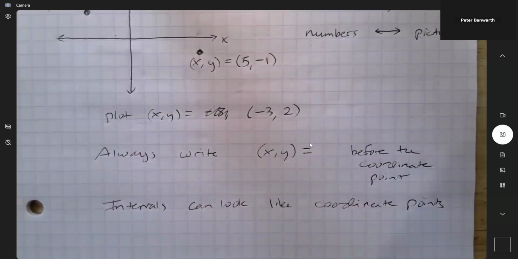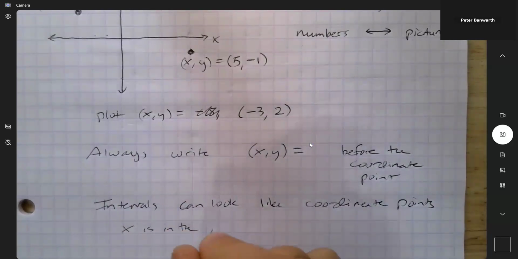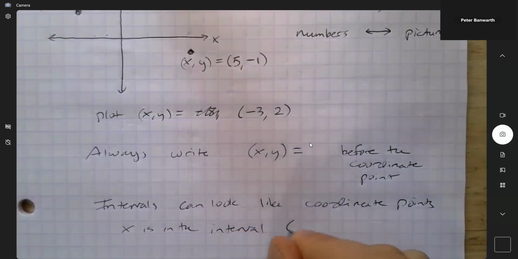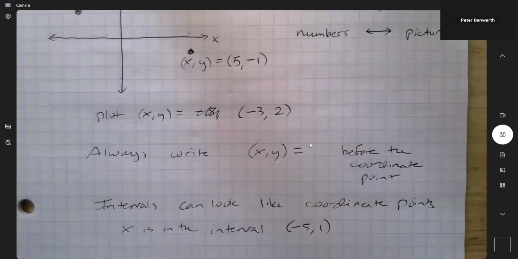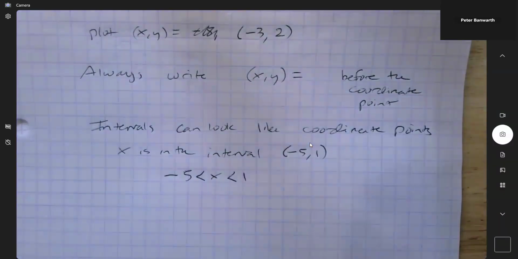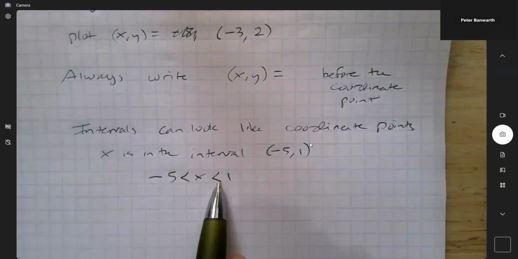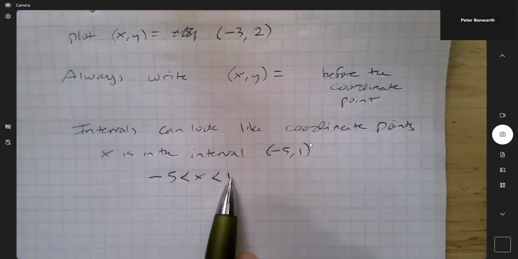Now, we talked about intervals earlier, like x is in the interval -5, 1. Well, that sentence means that -5 is less than or equal to x, which is less than 1. This is all about x's. If x is in the interval -5, 1, that's a bunch of x values, everything between -5 and 1, not including the endpoints.